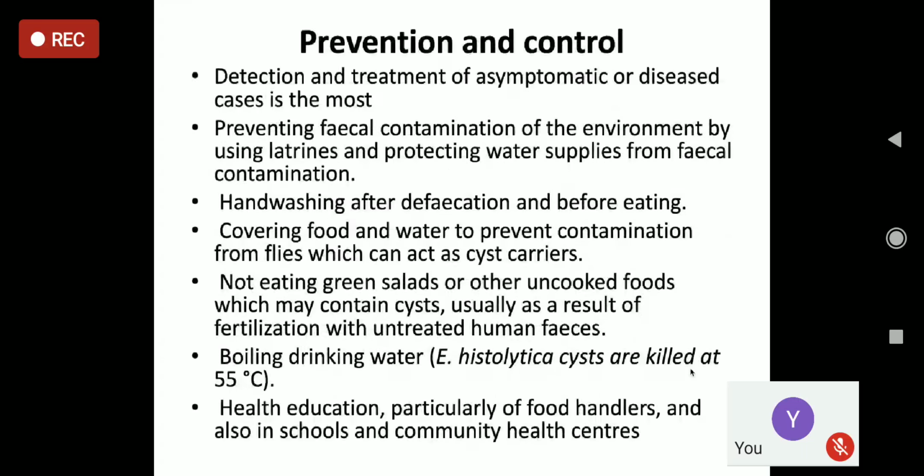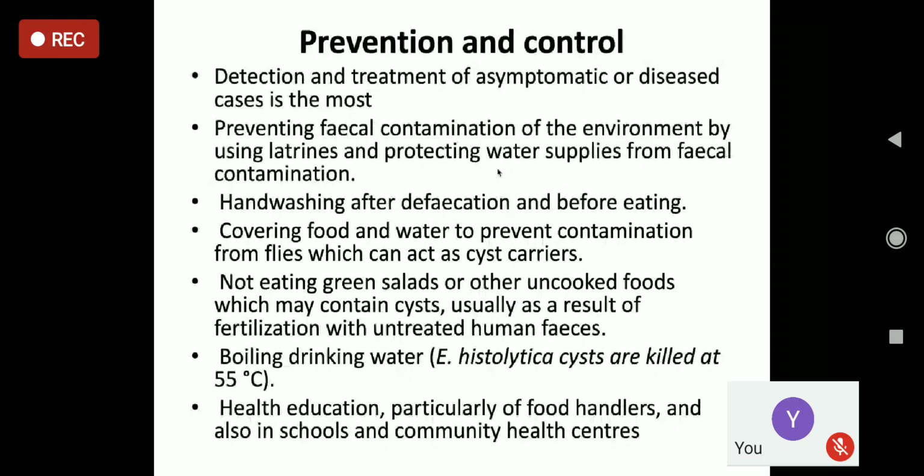Now, prevention and control. I think all of you are clear how it can be controlled. The main problem in this case is the asymptomatic carrier and the infected person. If we could detect those asymptomatic carriers and infected persons and treat them early, then there is less chance of dissemination of the parasite in the community, isn't it?